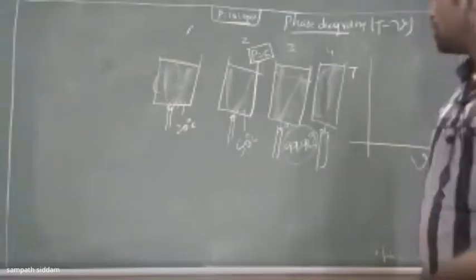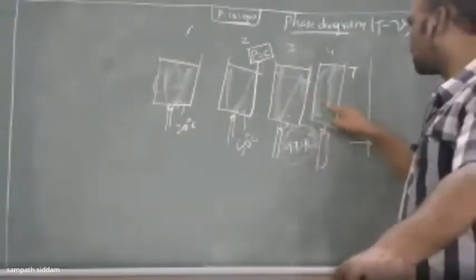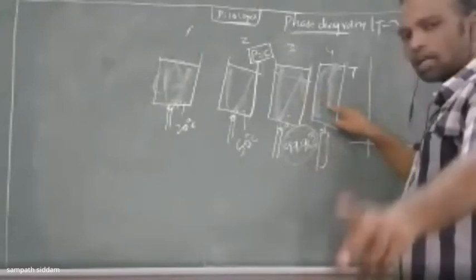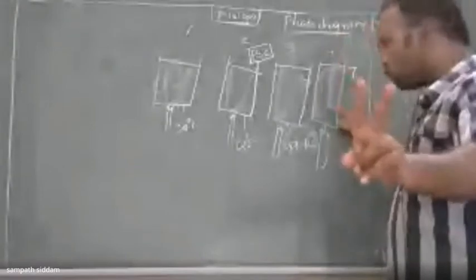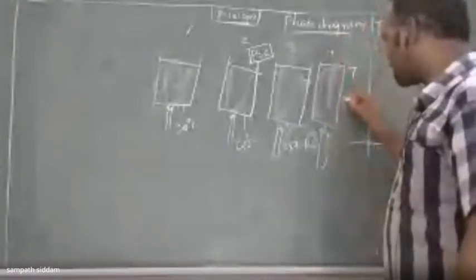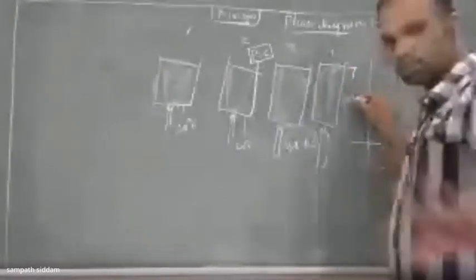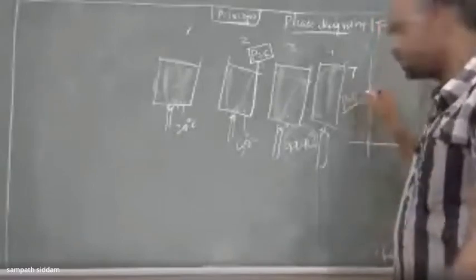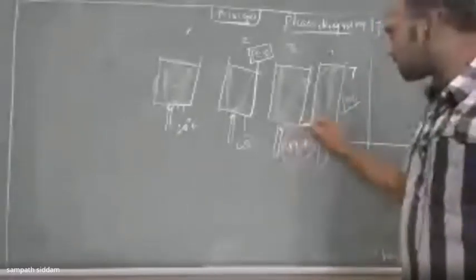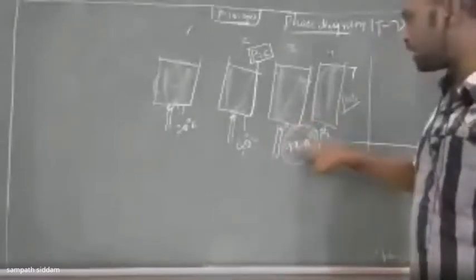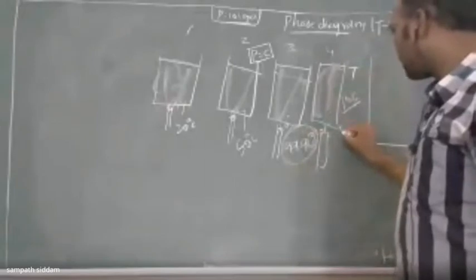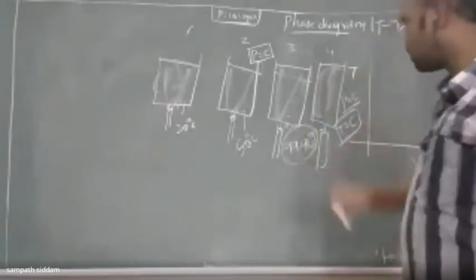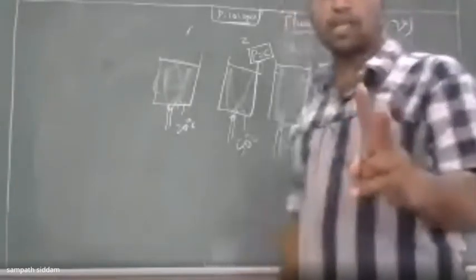Right. For the next one, after the third case, I'm going to take two properties as constant. One is the pressure, as in the isobaric process. And next, when my temperature has reached 99.96, I'm going to maintain the temperature as constant. Two properties are fixed.